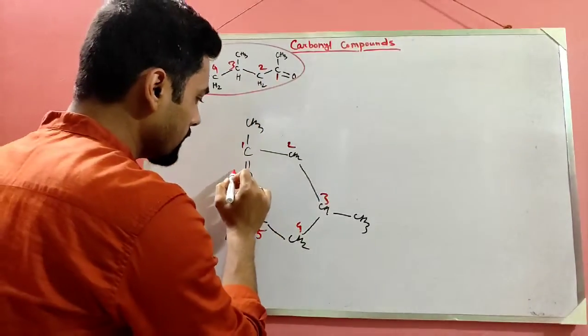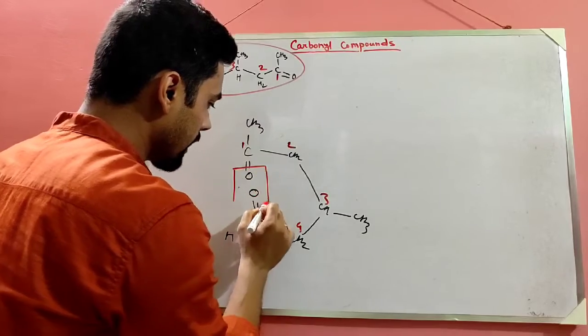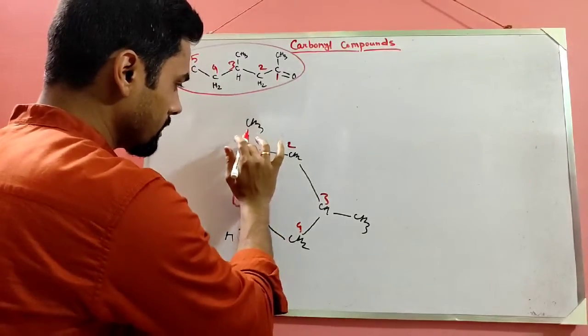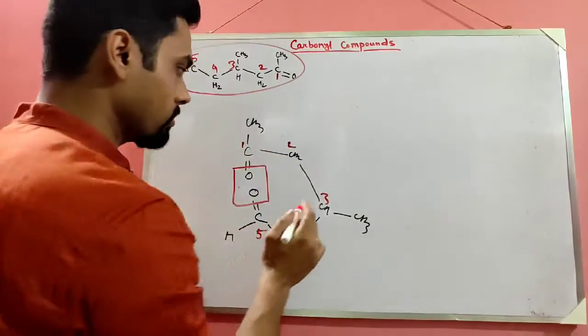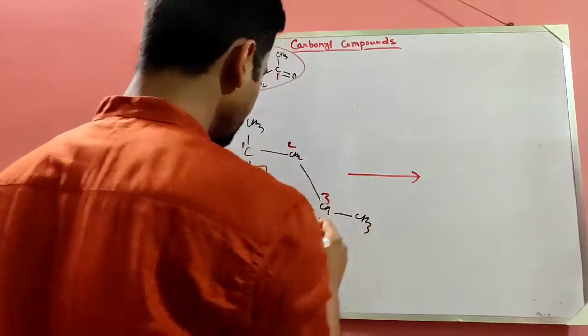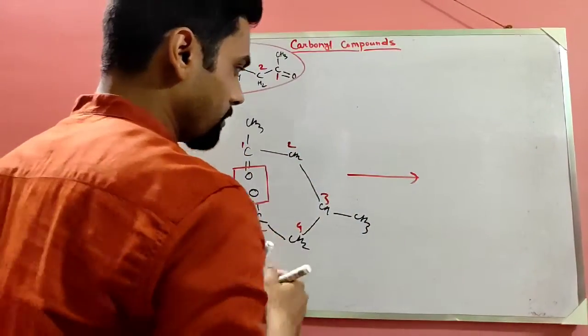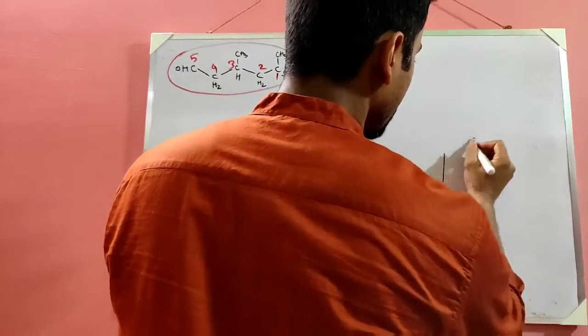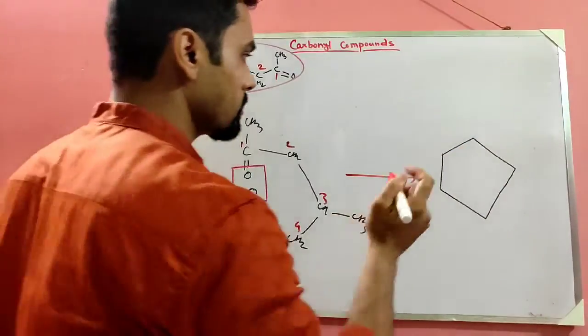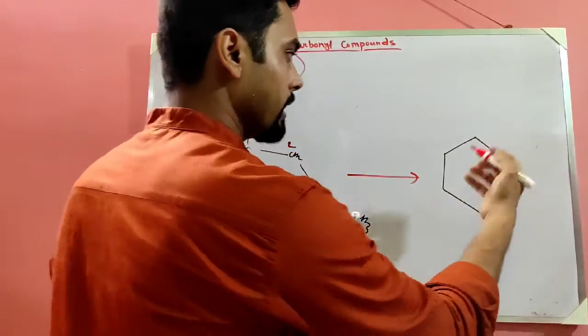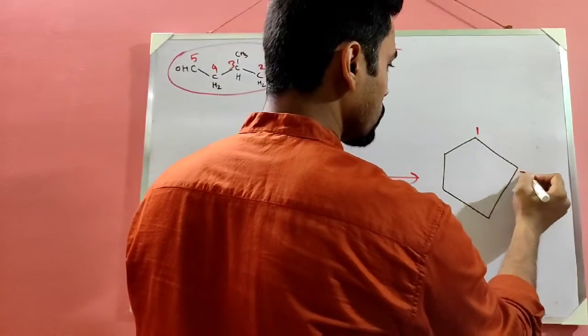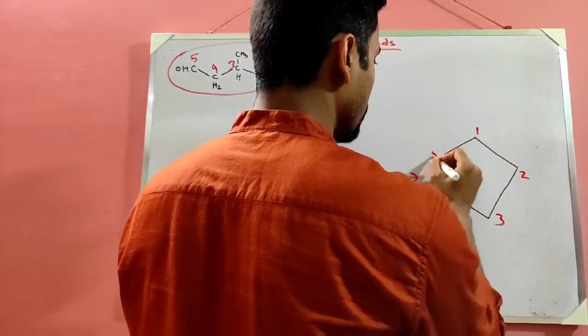So here if we eliminate both oxygen atoms and join these two carbons with a pi bond, a double bond, we will get a 5 member ring. Just put the numbers, we take any position, 1 2 3 4 5.